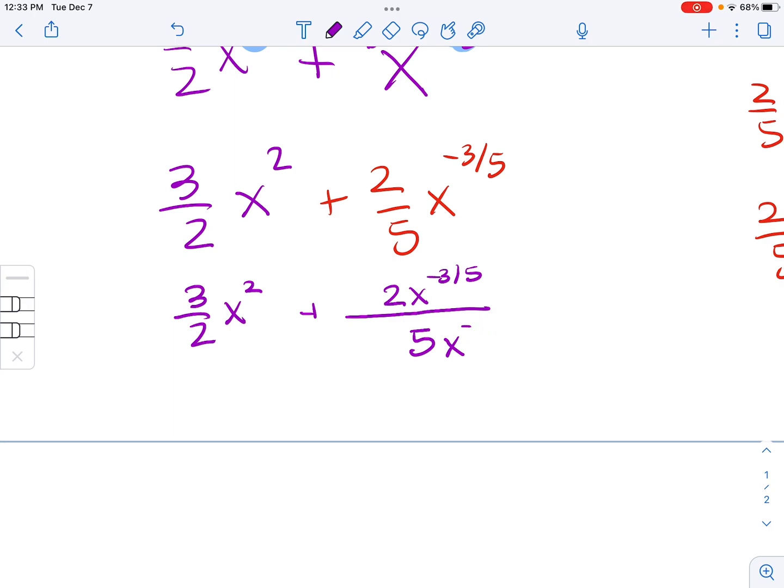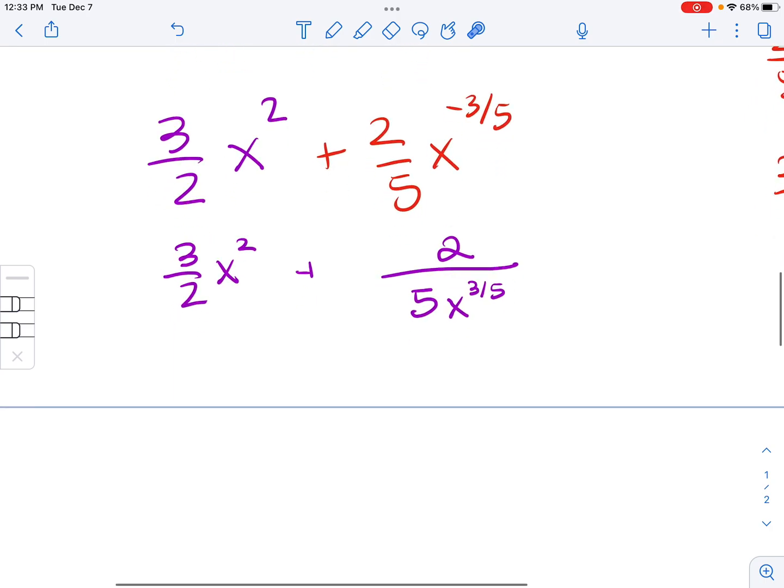And when I move it downstairs, the consequence of that is that it goes downstairs. So the 2 stays up top, the 5 stays downstairs, the x is normally up here with the 2, but if I want to fix that negative exponent, I bring it here.